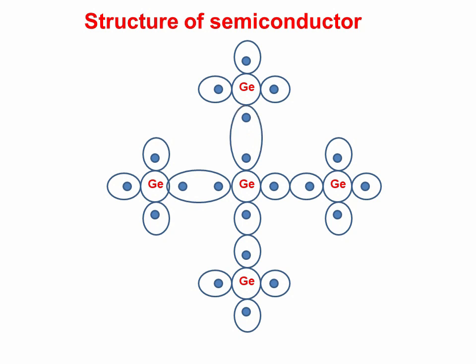On all the sides, the individual electrons of these two atoms are shared with each other. In this way the covalent bond is formed.